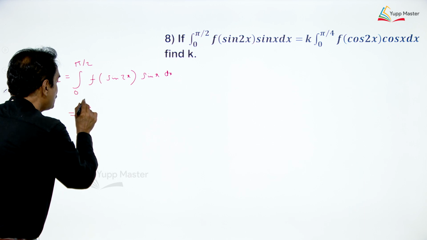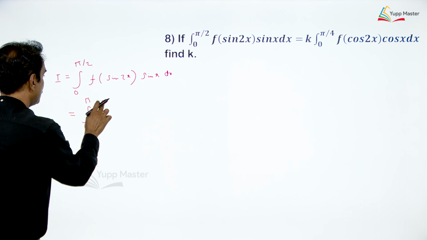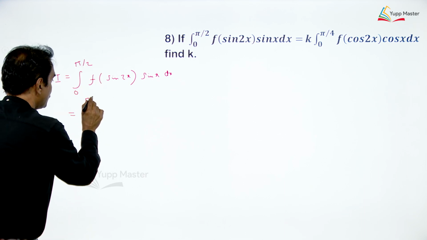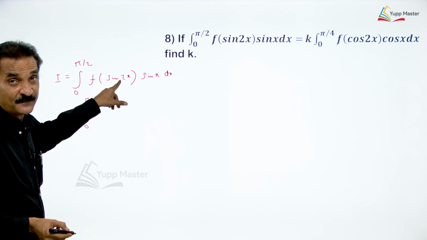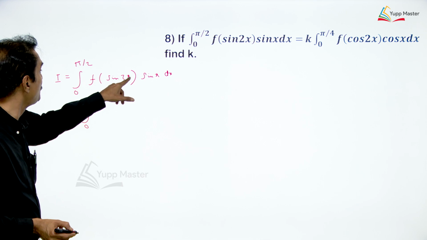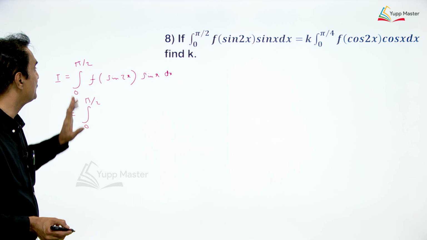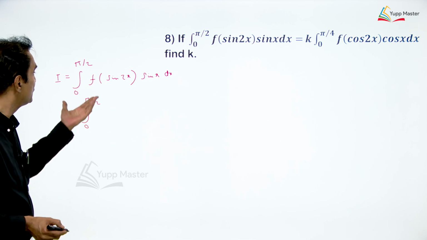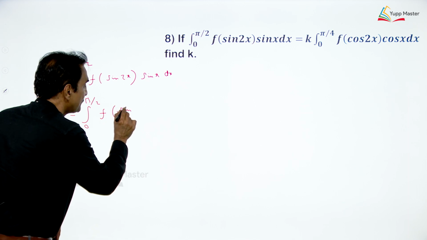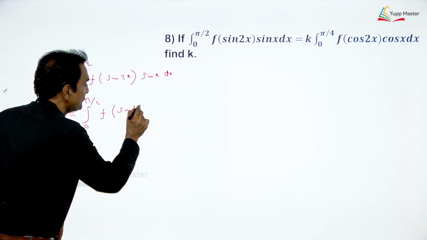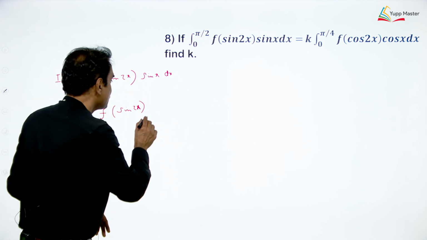Integral 0 to pi by 2, replacing x by pi by 2 minus x, you will get sine of what? 2 into pi by 2 minus x. What will we get? It remains same. Sine pi minus 2x is sine 2x. So, it will be f of sine 2x. Here sine x becomes cos x, sine pi by 2 minus x is cos x.